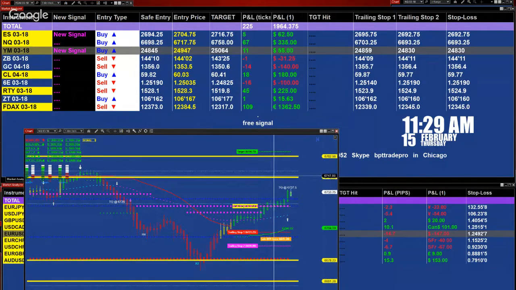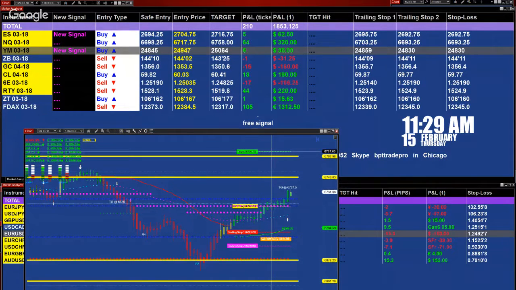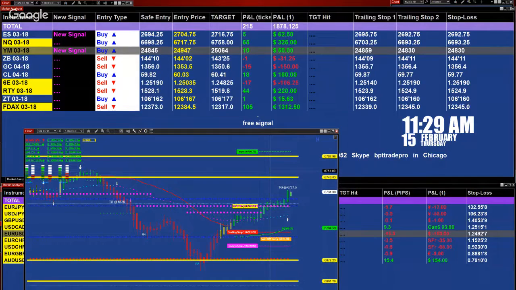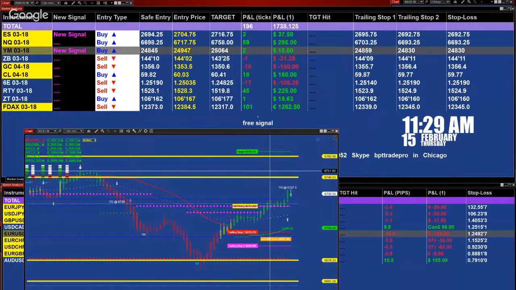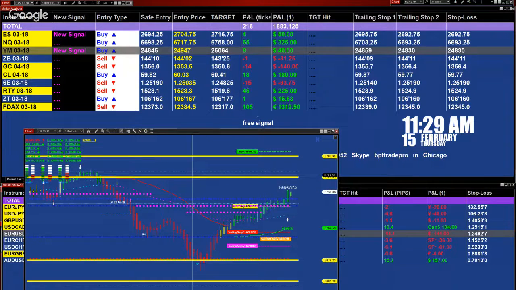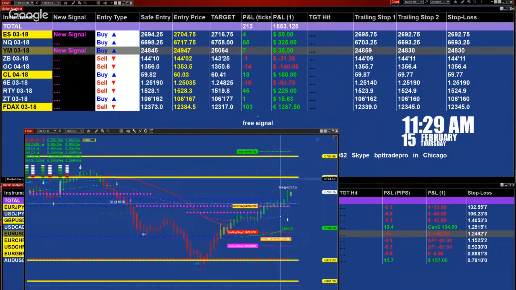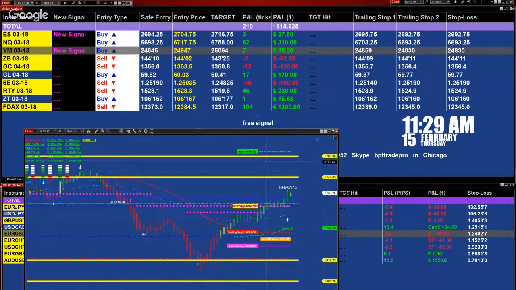Now the target is above those two yellow lines, but once we hit the 51 level, try to consider closing the position. The reason is this is a very dead area here. The yellow lines here are a very critical area.